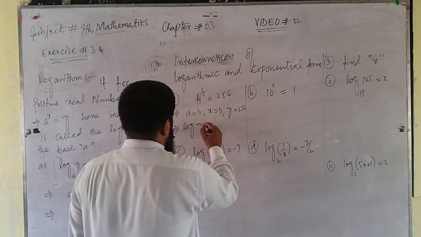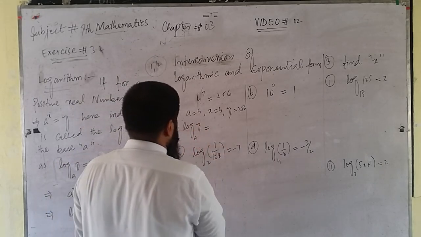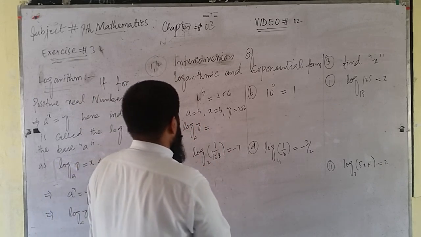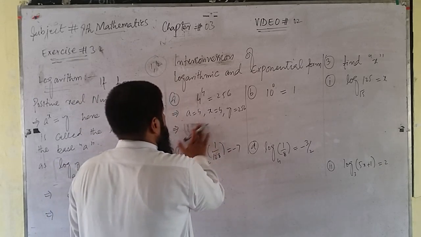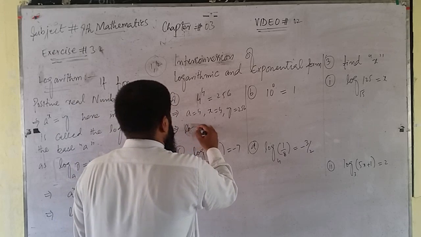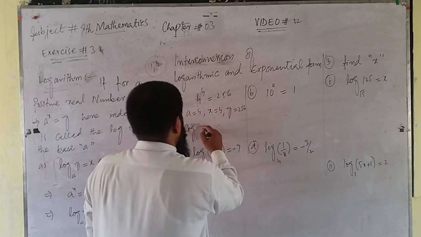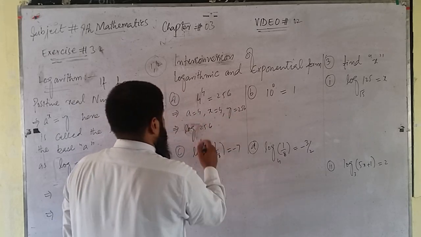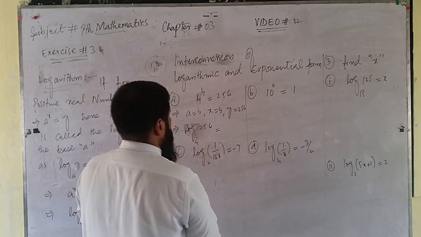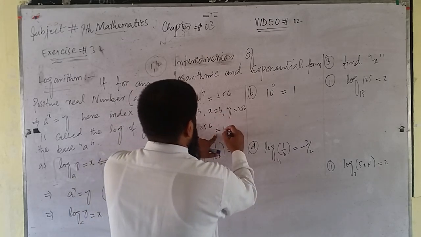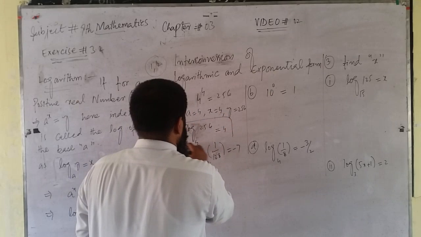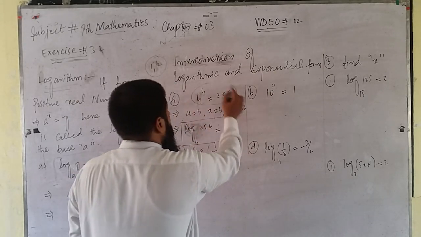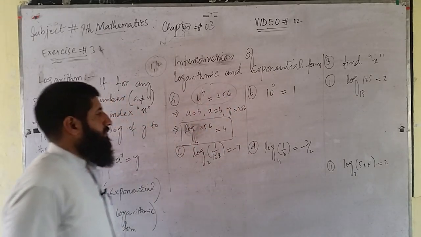Log of y to the base a, so log of 256 to the base 4 equals x, having value 4. So we have converted this exponential form into logarithmic form.